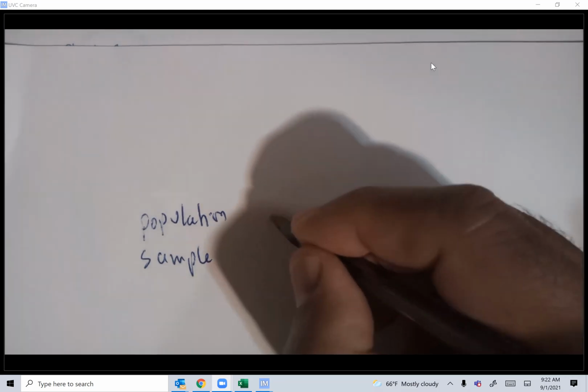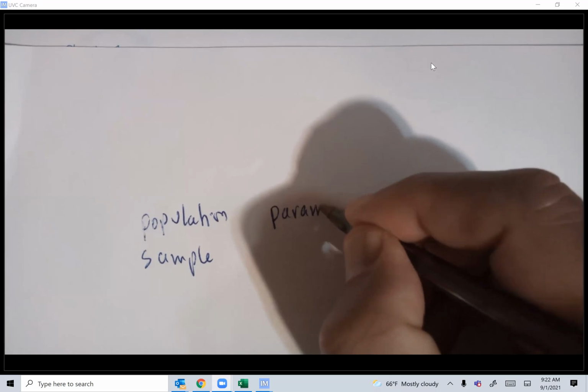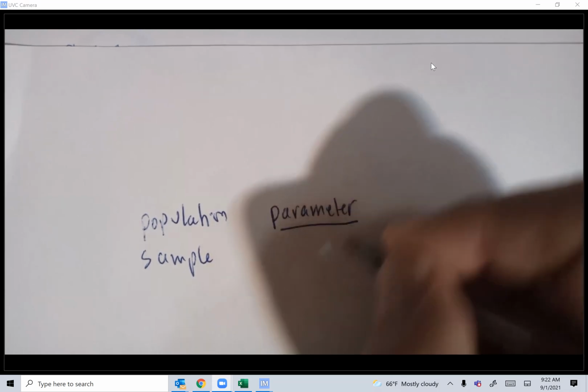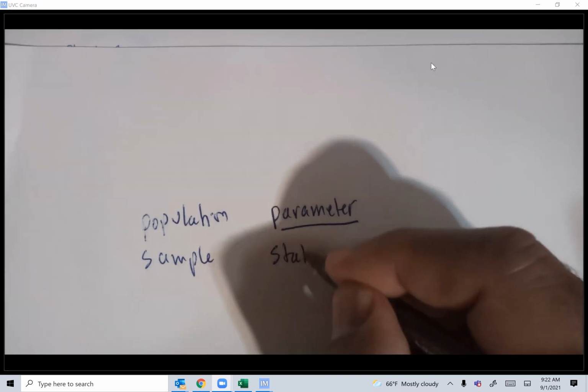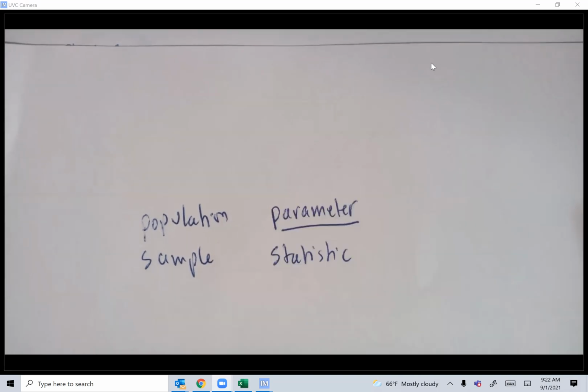We learned what a parameter is. A parameter is a number that describes a population attribute or characteristic. And a statistic is a number that describes a sample characteristic. For example, we surveyed 40 students at Henry Ford College and found out that their average age is 22 years.